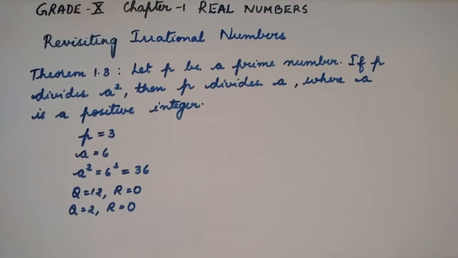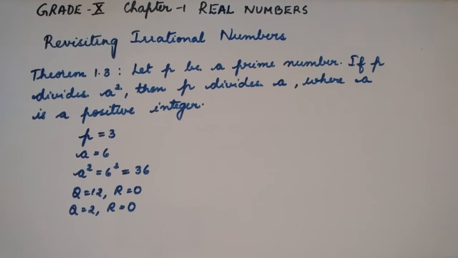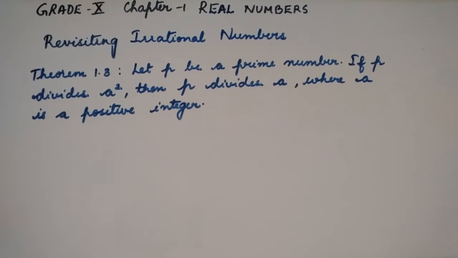What is the fundamental theorem of arithmetic, students? It states that every composite number can be expressed as a product of its primes, and in this, the factors are unique apart from the order in which they occur. So this is the statement of the fundamental theorem of arithmetic. Now I am going to choose a, that is, the prime factors of a.